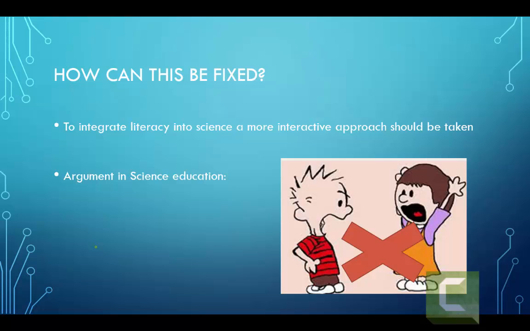But argument, from a scientific viewpoint, is actually providing an assertion or claim about an unresolved issue and having a reason for this assertion. So it's not this traditional quarreling that we see here.